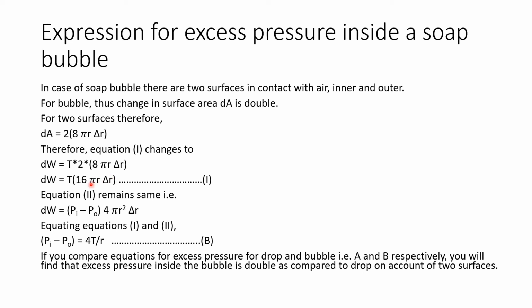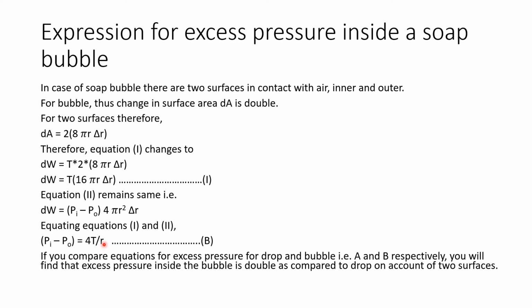Therefore the equation 1 in this case will be twice that of the equation 1 in case of the liquid drop. The equation 2 will remain same as in case of the liquid drop, and if you equate these two equations as we have done in the case of the liquid drop, we will get Pi minus P0, the excess pressure inside the soap bubble, as 4T upon R.